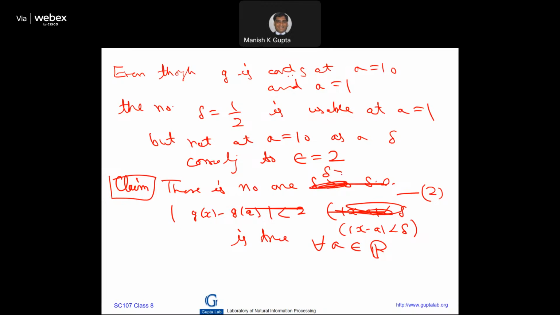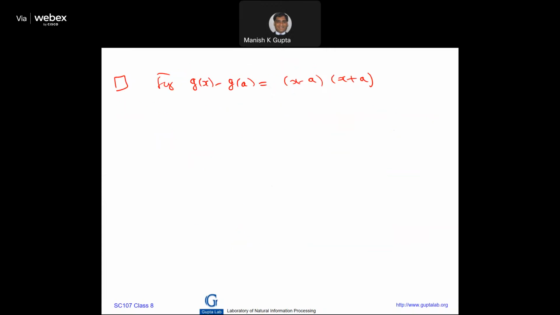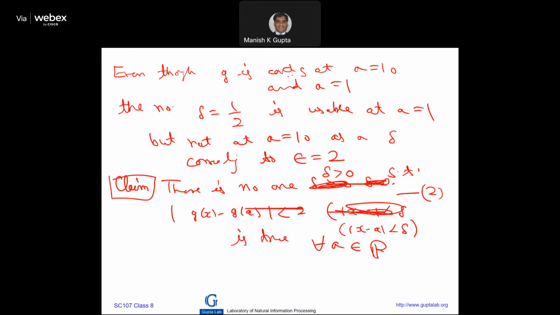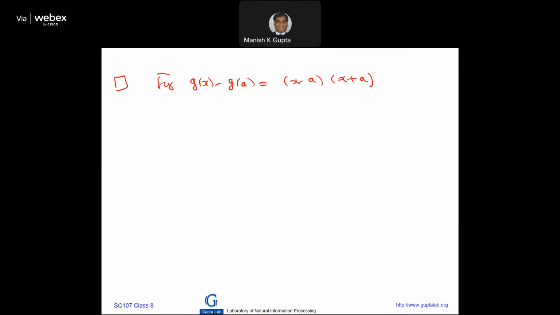Suppose there is a delta positive such that |g(x) − g(a)| is less than 2 whenever |x − a| is less than delta.